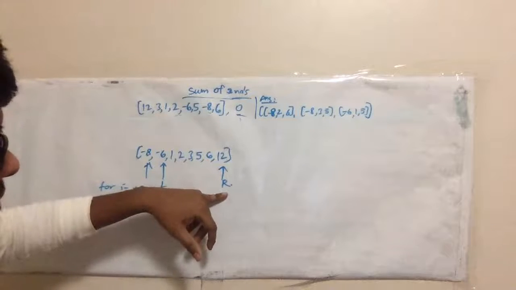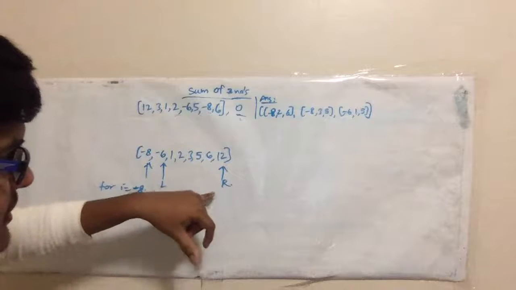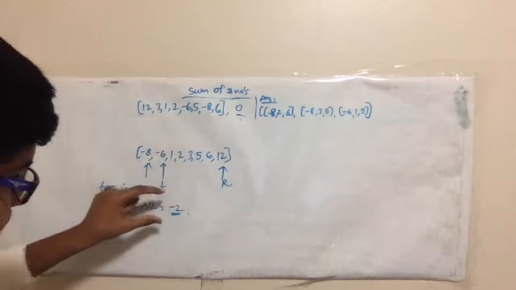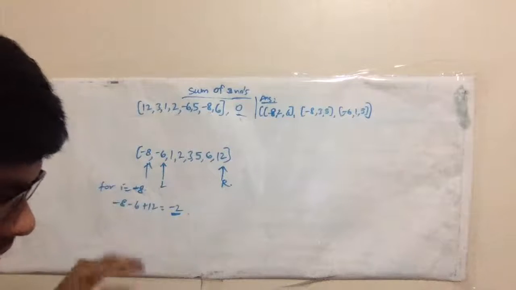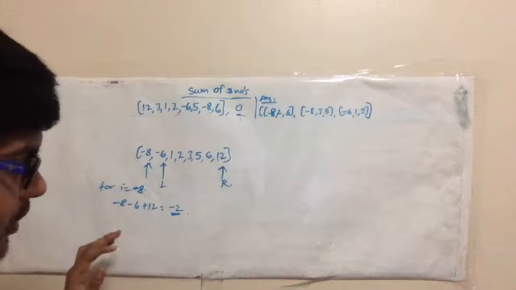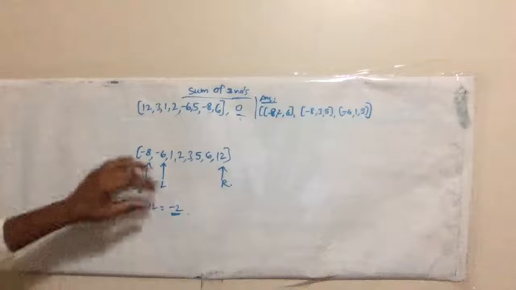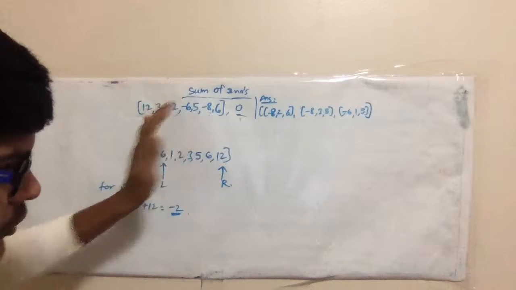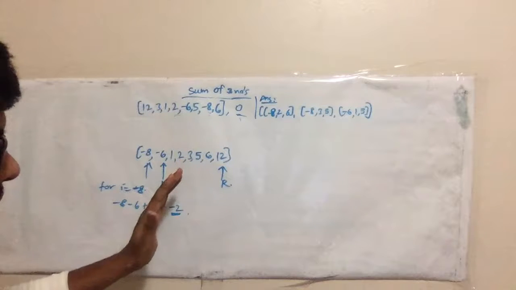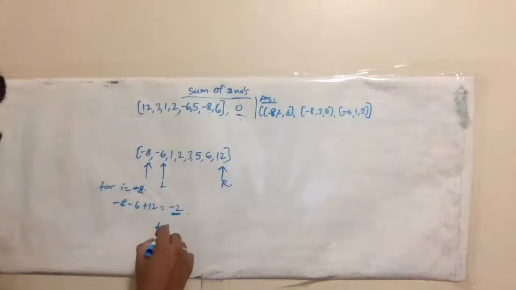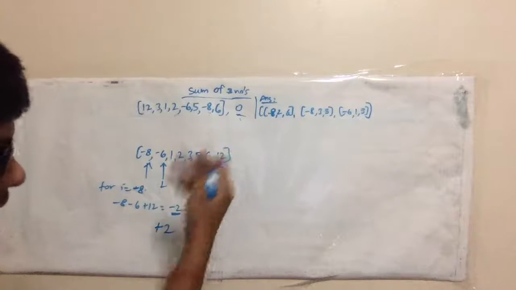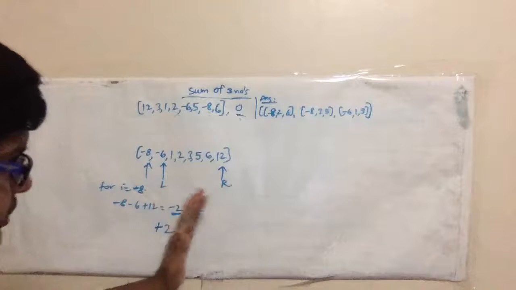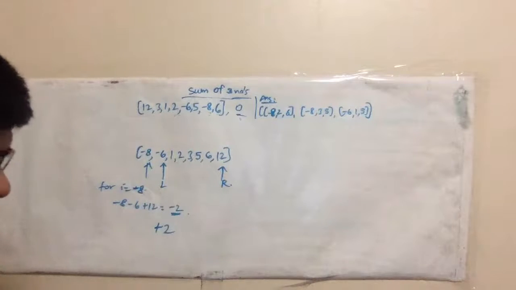But if you move the right pointer to the left, the sum would be reduced, and we don't want that. So if the current sum is less than the target sum, you move the left pointer. If the current sum, say +2, is greater than the target sum, then you move the right pointer to the left. That's the logic here.